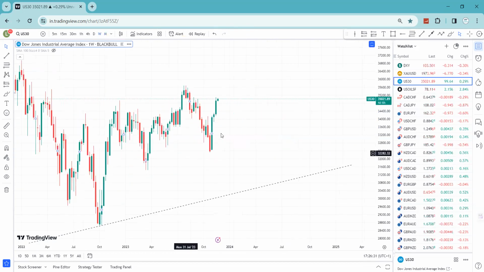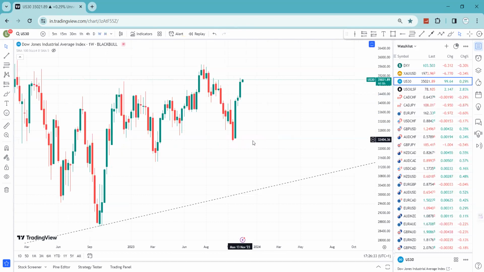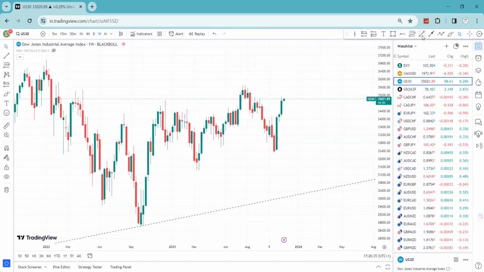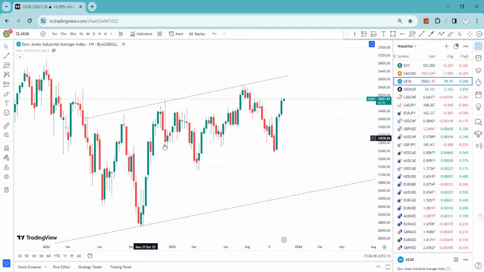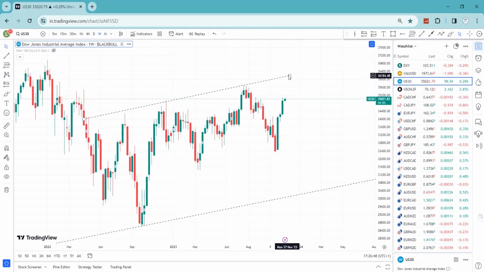So yes, I was looking at US30, and what I noticed was I would be able to put a trend line here, right? Remember, it's a diagonal line that will be able to touch two or more obvious highs or obvious lows, yeah?